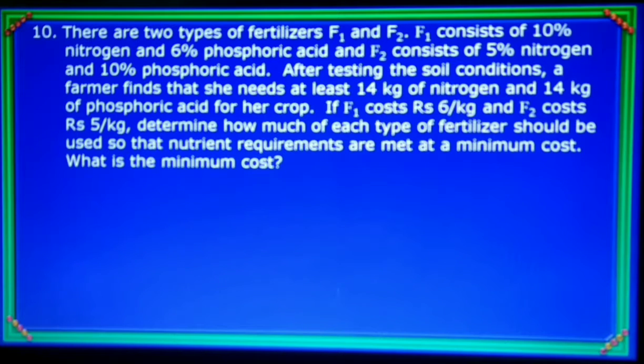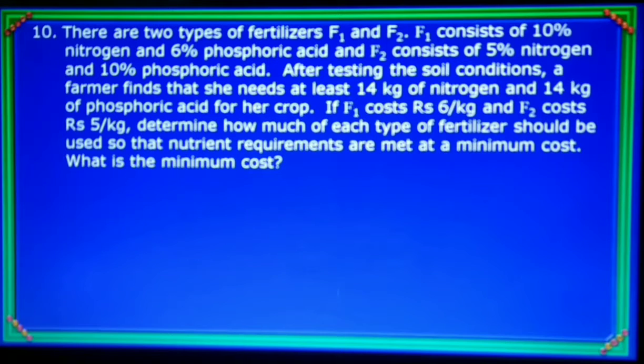Question number 10. There are two types of fertilizers, F1 and F2. F1 consists of 10% nitrogen and 6% phosphoric acid. And F2 consists of 5% nitrogen and 10% phosphoric acid.